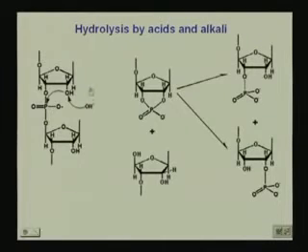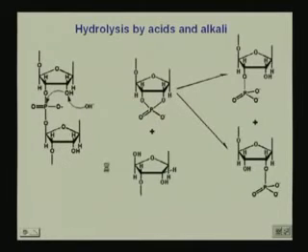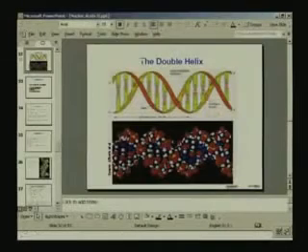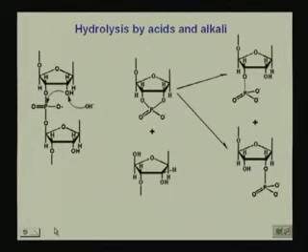What happens in RNA? This is RNA now, right. In the RNA, we have the case where we have the OH at the 2 prime position.